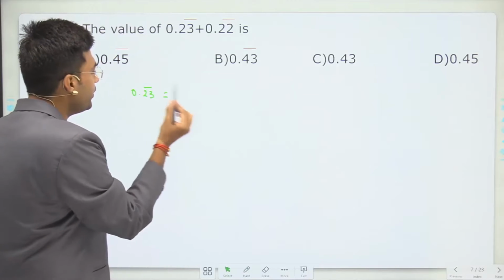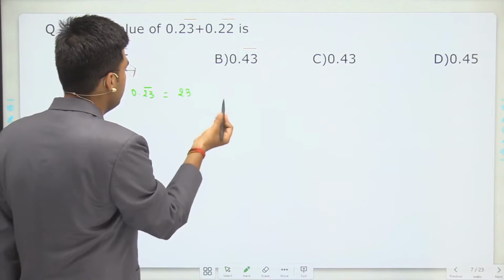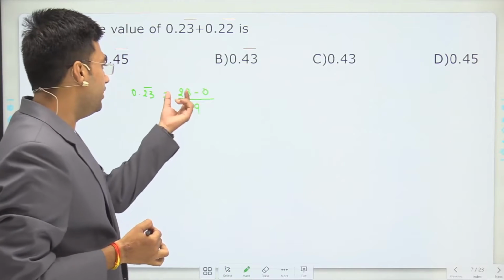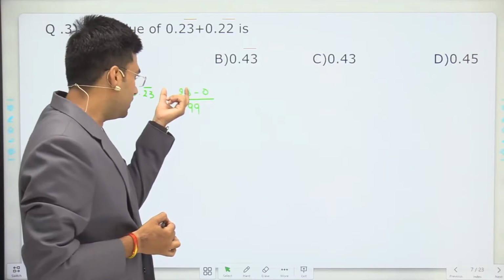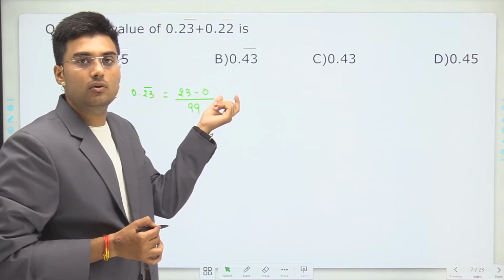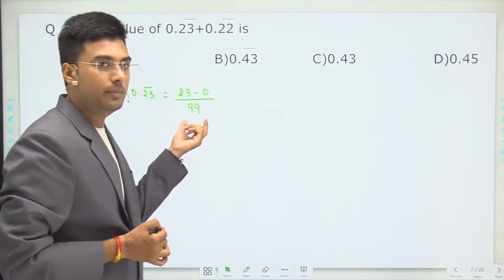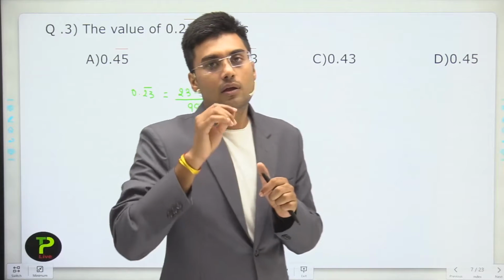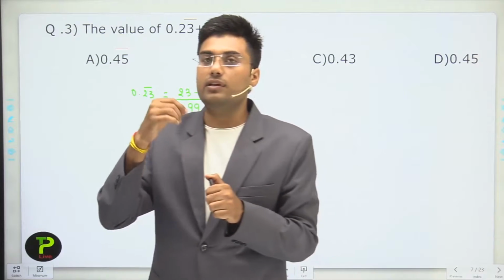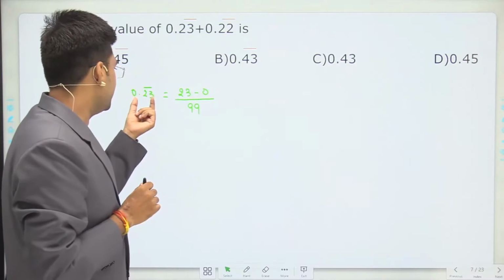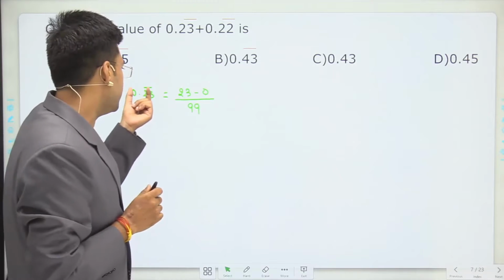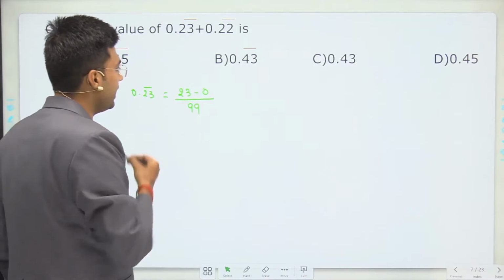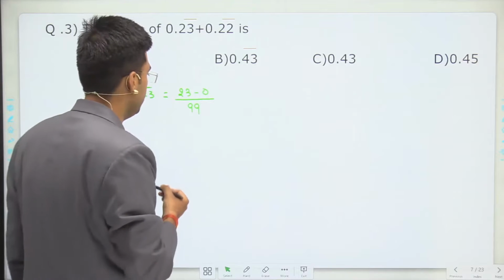So we can write 0.23 bar as 23 minus 0 divided by 99, because for the numerator we write the number minus the number formed by the non-repeating digits, and in the denominator the number of 9s equals the repeating digits and the number of 0s equals the digits which are non-recurring after the decimal. Here 2 digits are repeating after the decimal, and no digits are non-recurring. So we can write it as 23 minus 0 divided by 99.